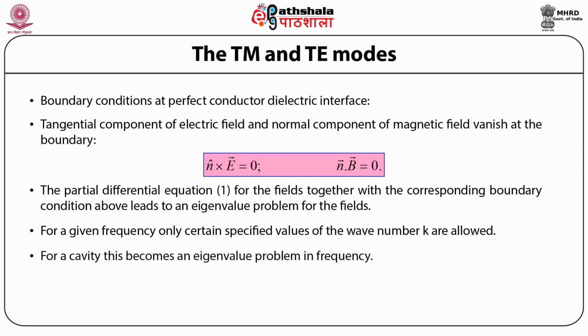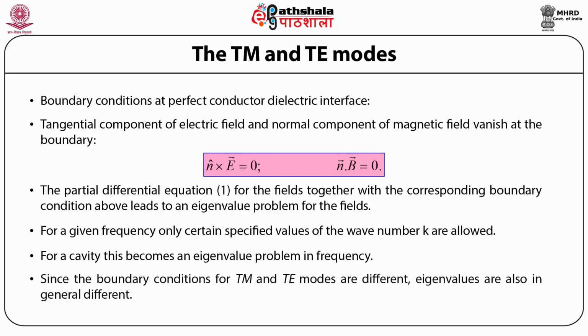Further, for any cavity, this becomes an eigenvalue problem in the frequency, which is something that we are going to be studying slightly later. And since the boundary conditions for the transverse magnetic and the transverse electric modes are different, the eigenvalues are also in general different.